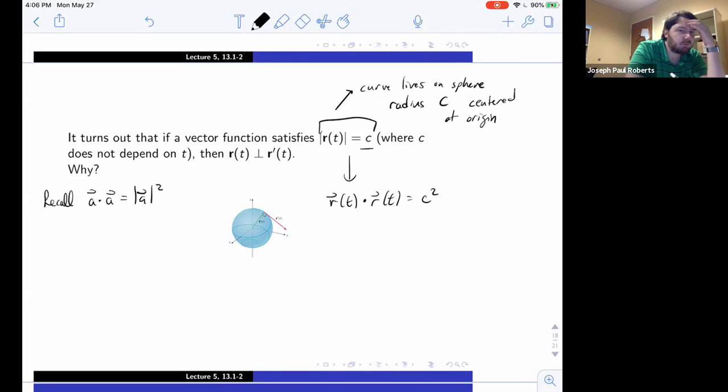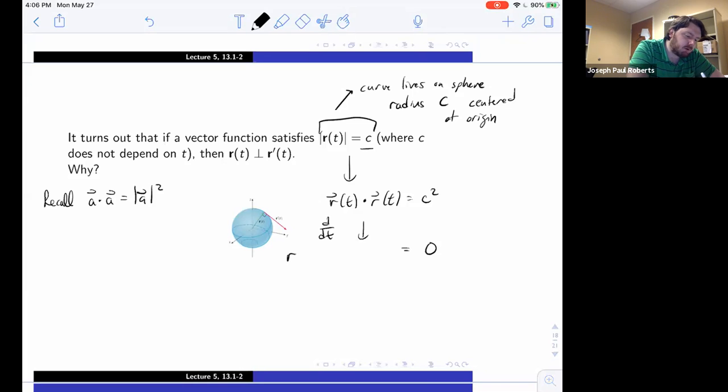So if the length of r is c, that's the same thing as r dot r being c squared. Now let's take the derivative of both sides with respect to t. The whole idea is that c is just some number that doesn't depend on t, so the derivative with respect to t of c squared is going to be 0.